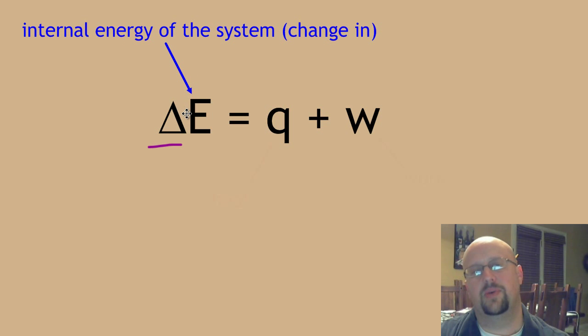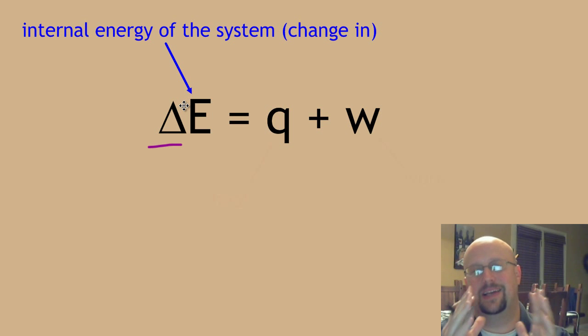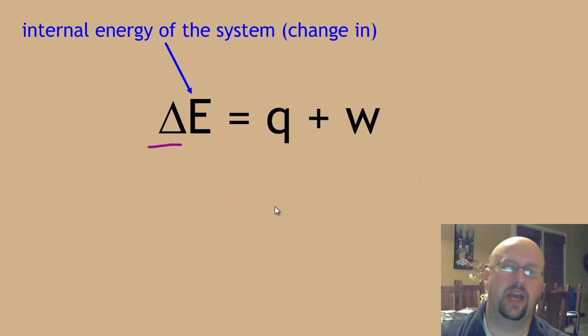Usually what we're talking about in chemistry is the internal energy of the system. The beaker is the system, and the energy inside of that system is its internal energy. And we can really only measure that as a change in. Energy isn't really something that you can just measure absolutely out of an object. What we can really only measure is the change in energy from situation to situation.